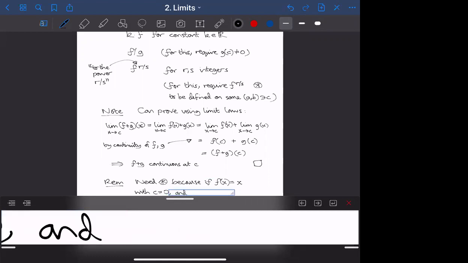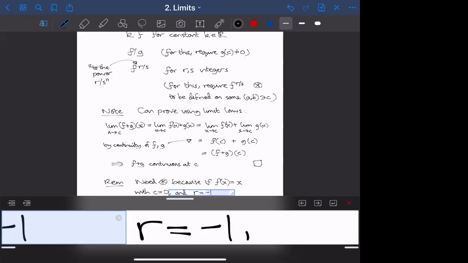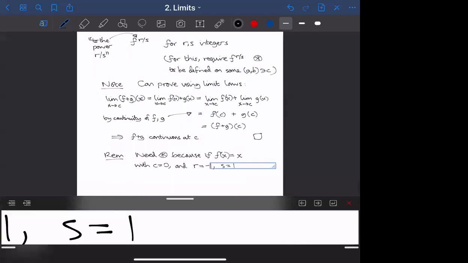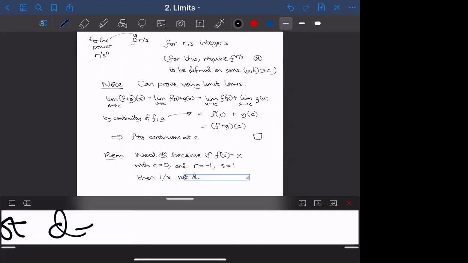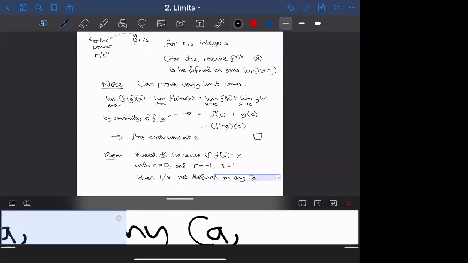And if r is minus 1 and s is 1, then 1 over x, so that's the function f to the power minus 1, 1 over x is not defined on any interval AB containing 0.